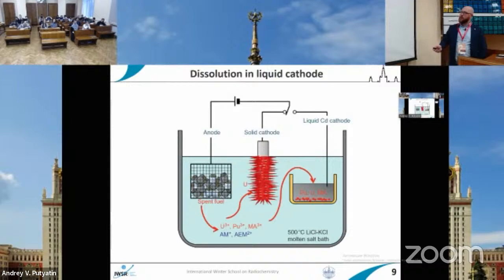But in this case, when we don't add oxygen, it is a metallic form of the uranium or plutonium. The oxidation state is +3 or +4, and on the solid cathode we obtain pure uranium dendrites, and on a liquid cathode it is a mixture of minor actinides, uranium, and plutonium.